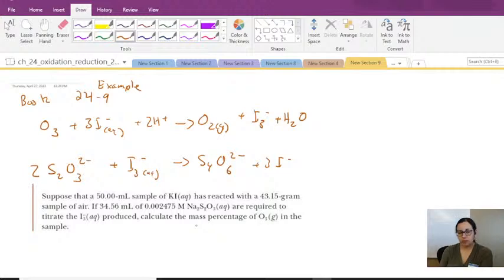So first we need to figure a way to add these two chemical equations together, correct?